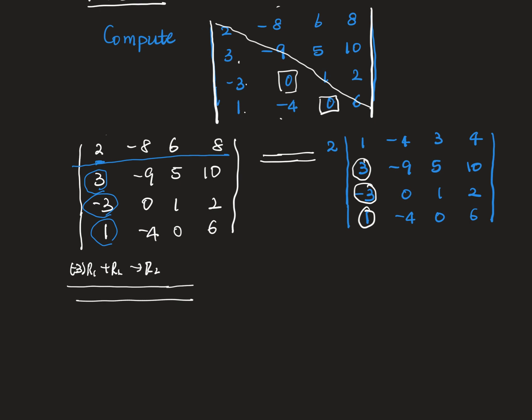I'm going to write down everything. 3 times R1 plus R3 going to R3. One more: -1 times R1 plus R4 going to R4. So you're going to do 3 replacements, but it doesn't change anything, guys. It doesn't change any determinant.